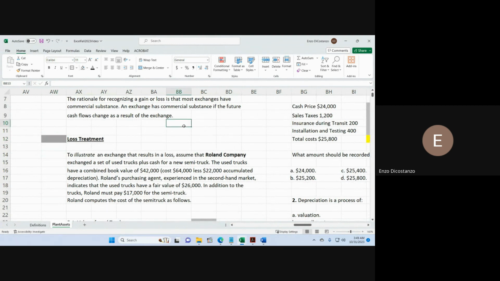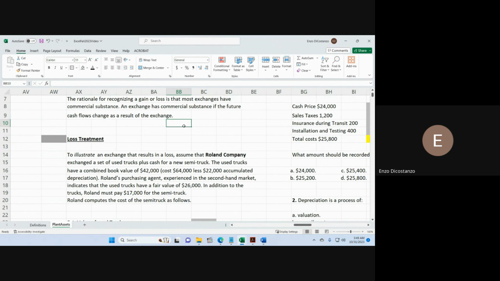Exchange a set of used truck parts for a new semi truck. The used truck has a combined book of 64,000 minus the accumulated 22,000 depreciation, which is 42. So 64,000 minus 22,000 is 42,000.